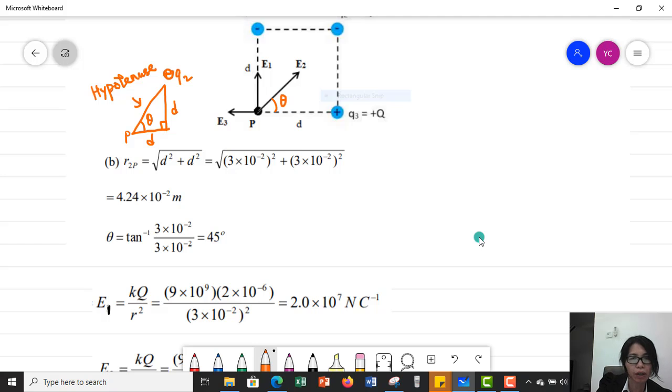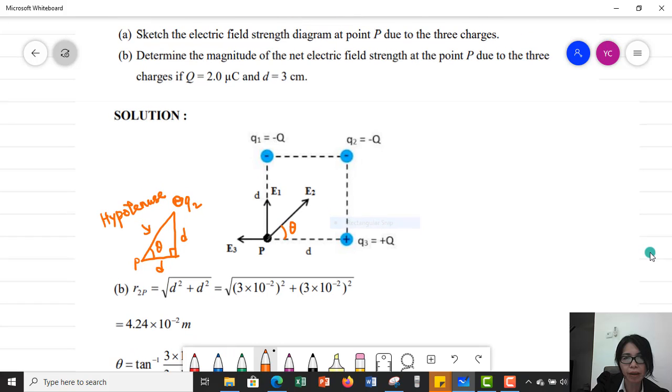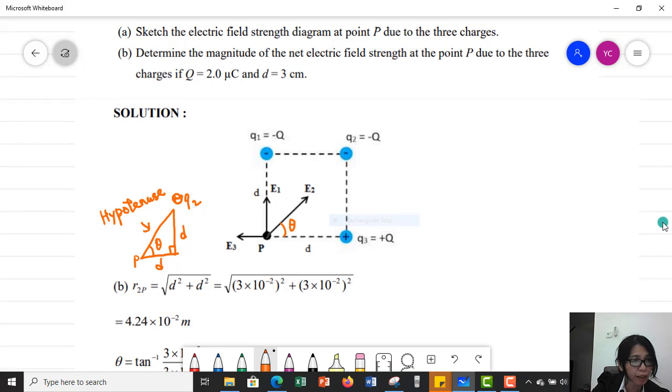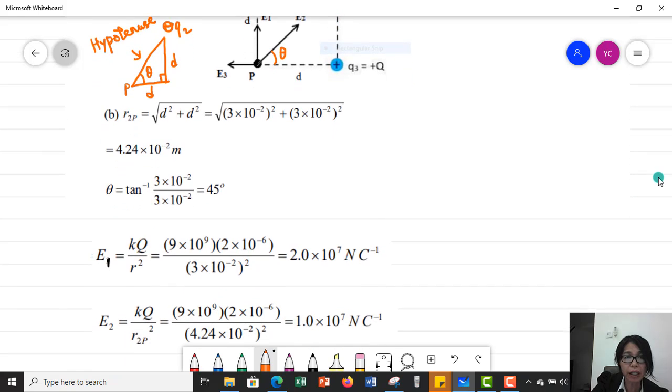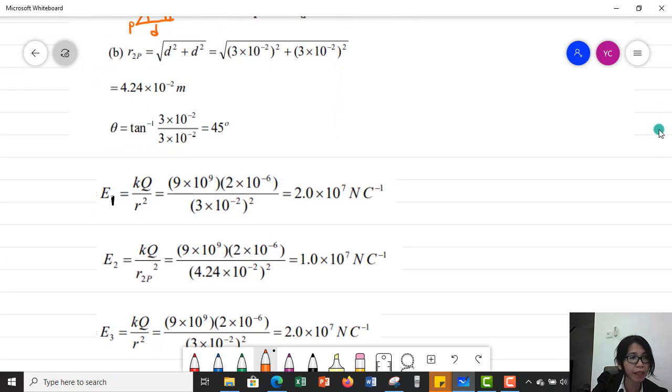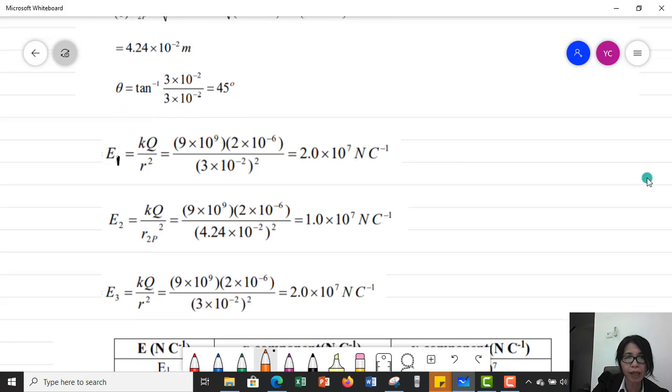Before we can solve the question to determine the net electric field strength at point P, we have to calculate the electric field at point P due to each of the point charges individually.